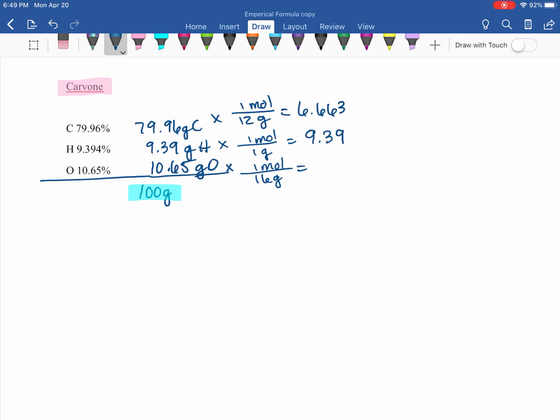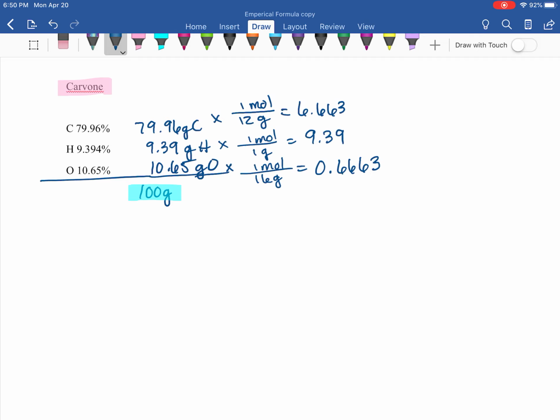Oh, I don't even need to put that in my calculator, do I? All right, then 10.65 divided by 16. Oh, this one's small. Okay. Look at that. All right, so at this point, we have our relationship.